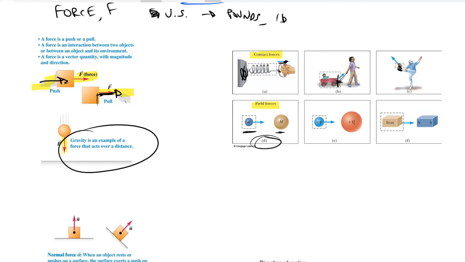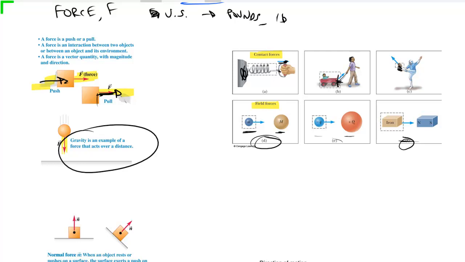Also, we have other field forces, like in F here, a magnetic force. Magnets act over a distance. The magnets don't actually have to touch for the forces to interact there. So magnetic forces are field forces. Also, electrical charges act over a distance as well, and so electrical charges are also a field force, like nuclear charges.